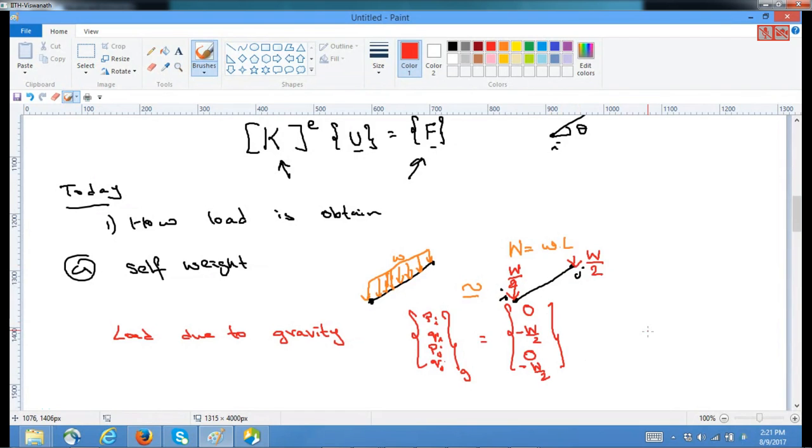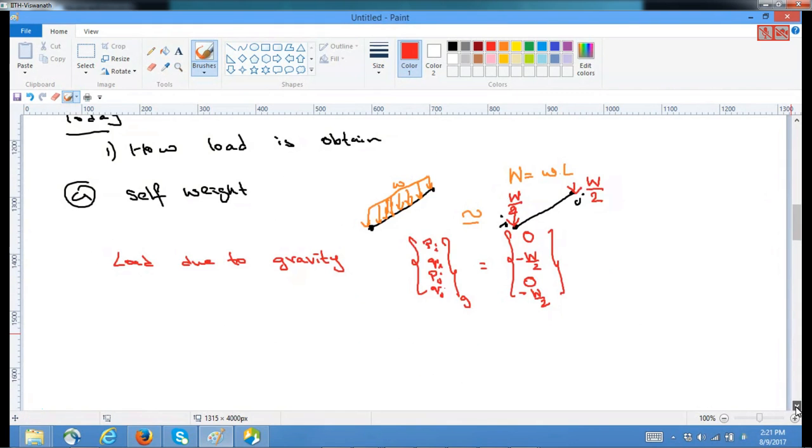This is the first part. You can also have loads because of thermal expansion.